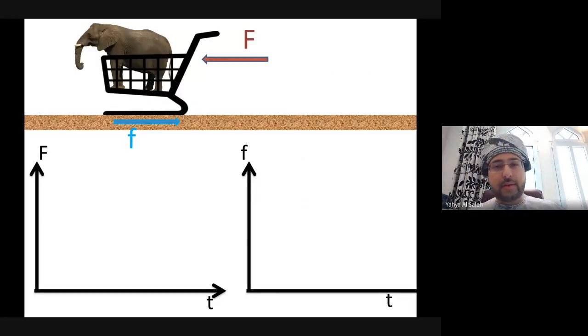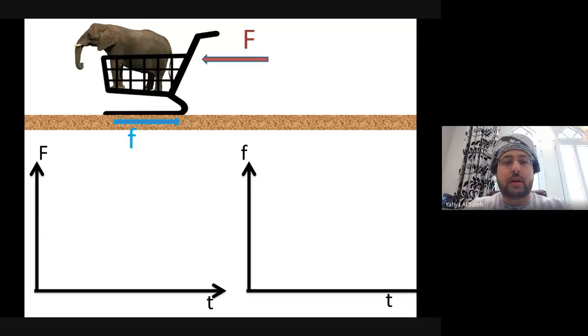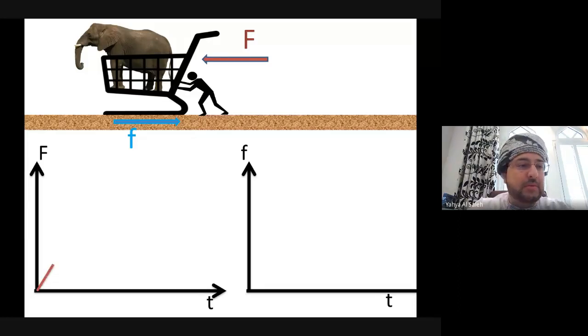Here's a very big shopping cart, really, really big. And we have an elephant in it. And I'm pushing it with a force F. Here is me trying to push the cart with the elephant, and nothing happens. I get one of you to help me. Still nothing happens.